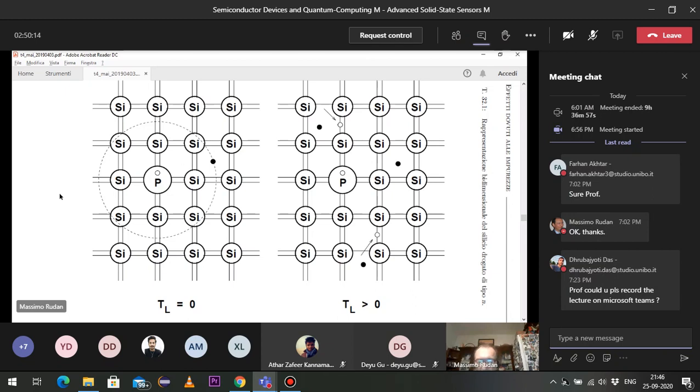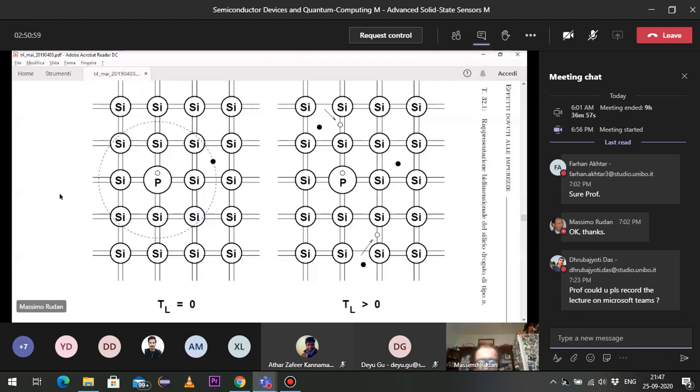So the phosphorus atom will ionize. It will become positively charged because it has lost one electron, okay? So the phosphorus atom will make one electron available for conduction of current in the silicon lattice, okay? But there will be no holes released by the phosphorus atom because the form of the electric potential near the phosphorus atom is such that it is impossible for the tunnel effect to occur, okay?